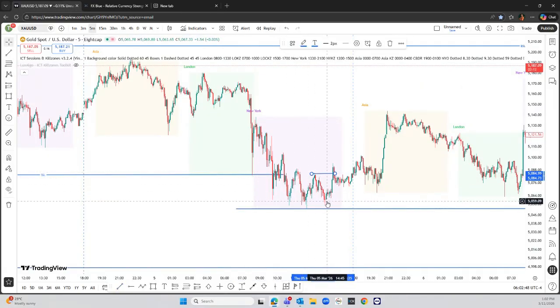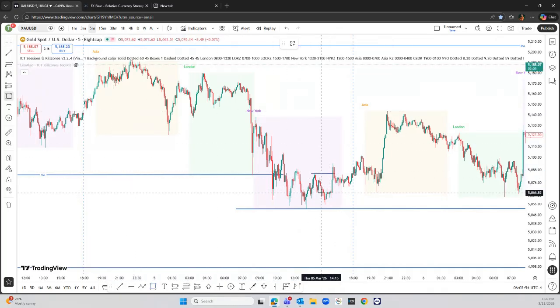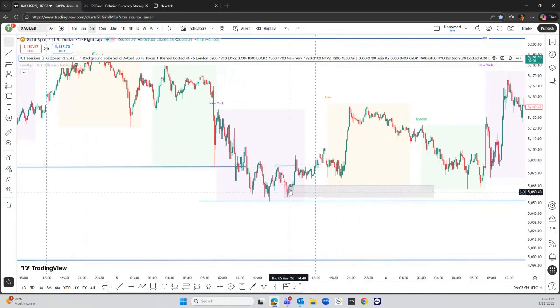Now we see the price coming, taking this, and then we start marking our order blocks. Remember, the order blocks are internal liquidities. The fair value gaps, they are internal liquidities. So you first see the price coming to this order block, and then you start taking your buying opportunity.